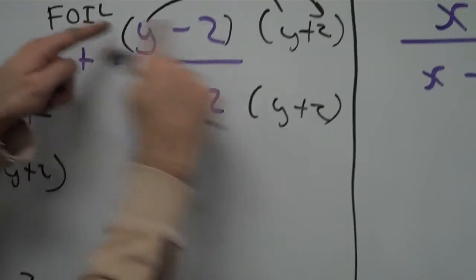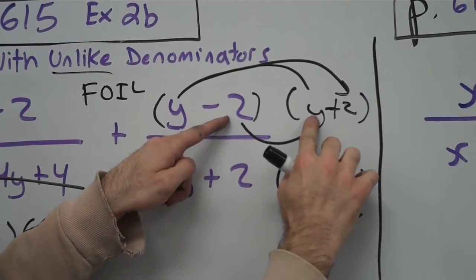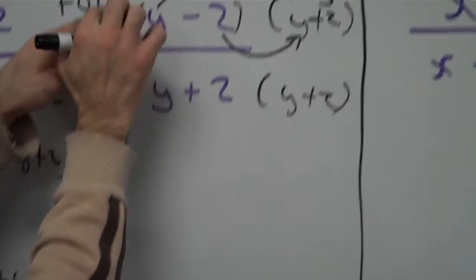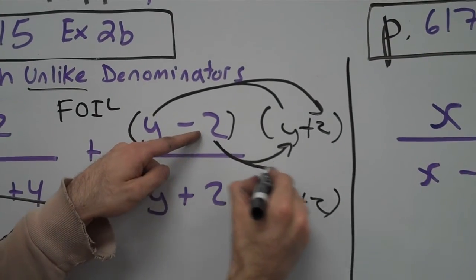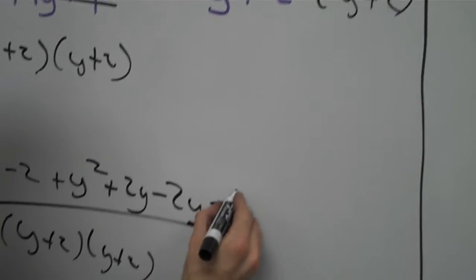Now the inside terms: I take this negative 2 times y, which is negative 2y. And lastly, the L, the last terms: negative 2 times 2 is negative 4.